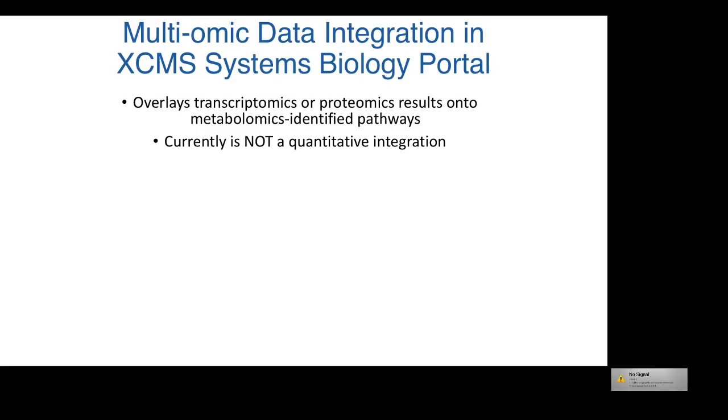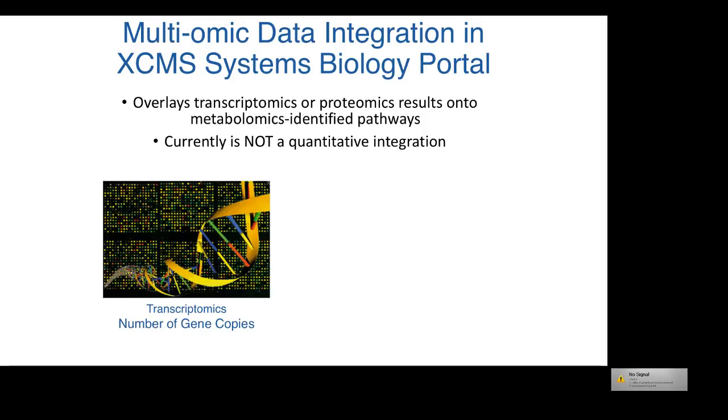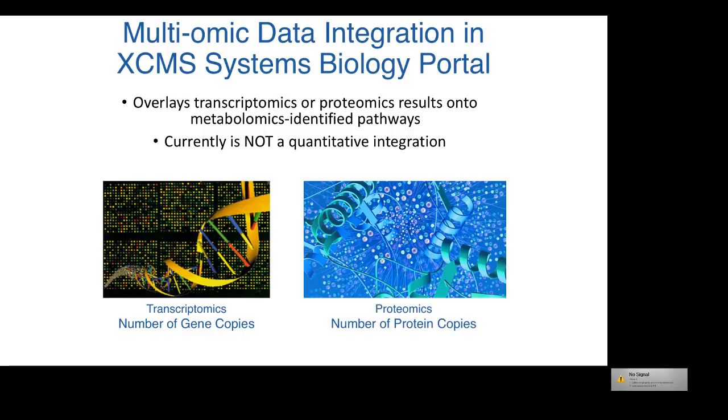So in our XCMS systems biology portal, you can integrate either transcriptomics or proteomics data. Transcriptomics data looks at the number of gene copies that were produced at a particular time point, and analogously, proteomics looks at the number of protein copies that are available at a time point.